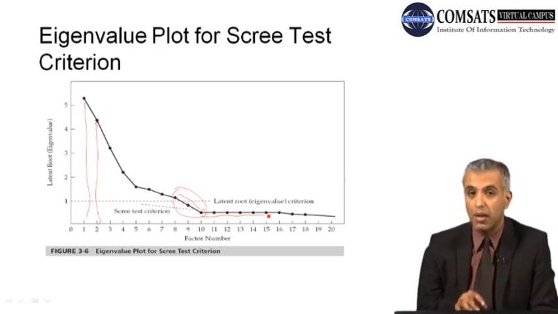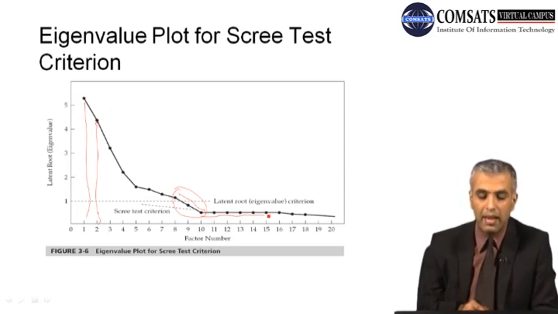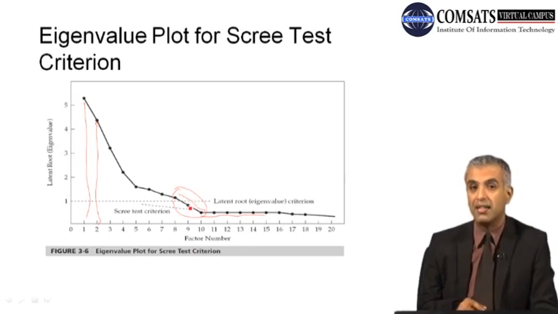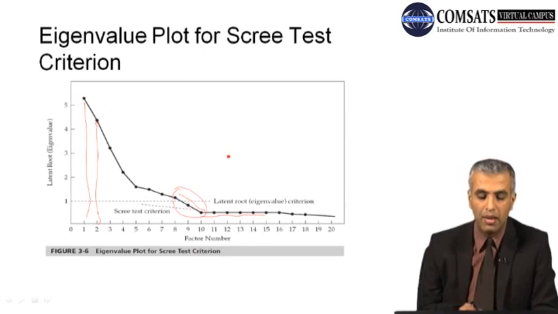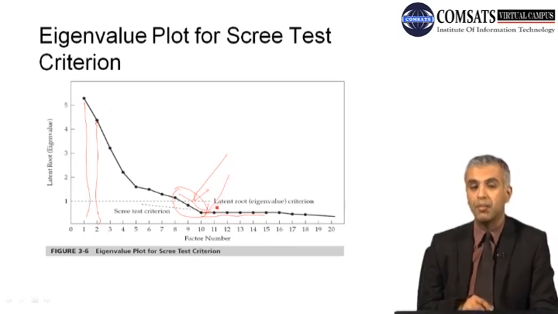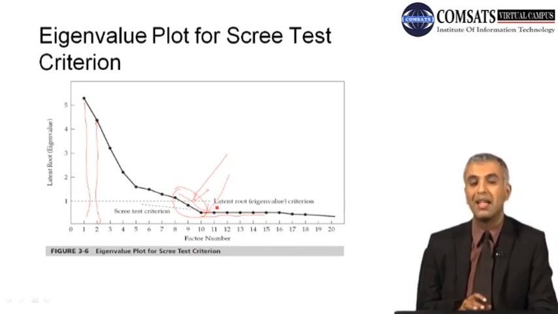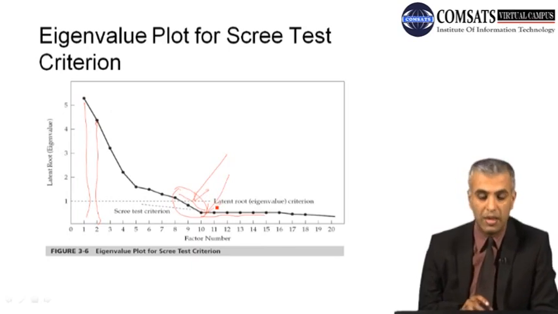So basically this point is important for us, and here we have to make a break at the point at which there is a break. Normally we can take this point as the breaking point at which we can restrict the number of factors to be taken.